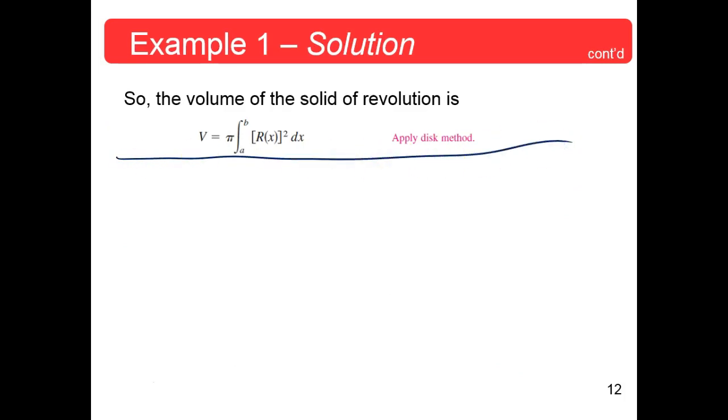Find the volume of a solid formed by revolving the region bounded by the graphs of f of x equal 2 minus x squared, and g of x equal 1, about the line y equal 1.